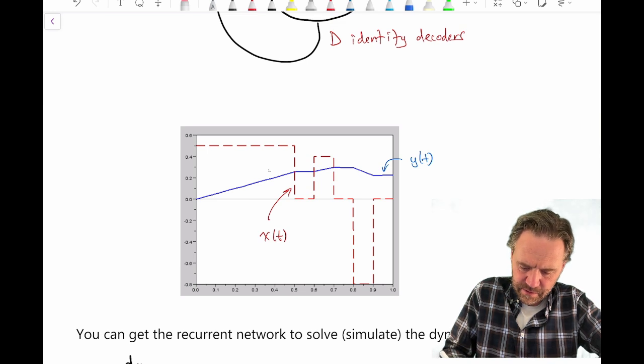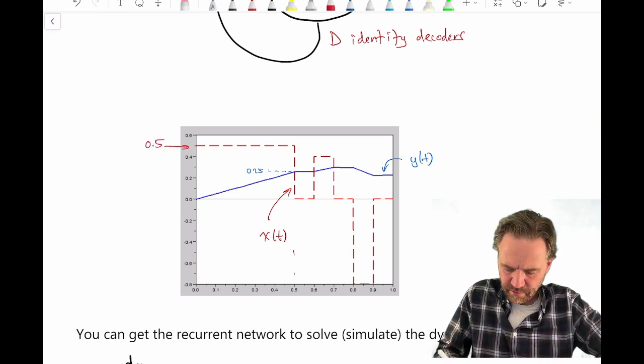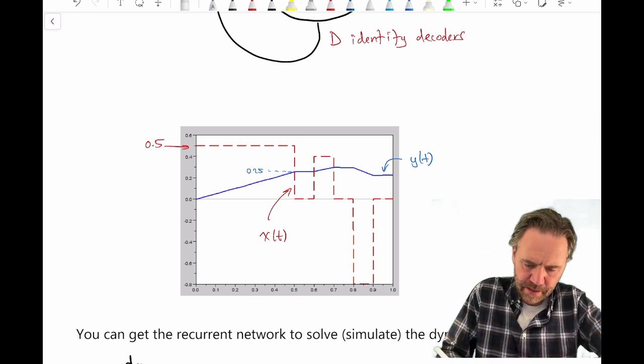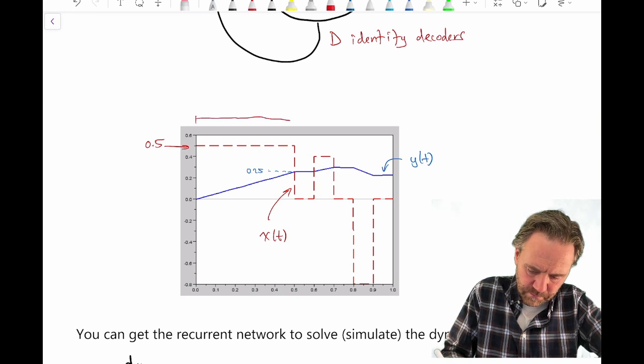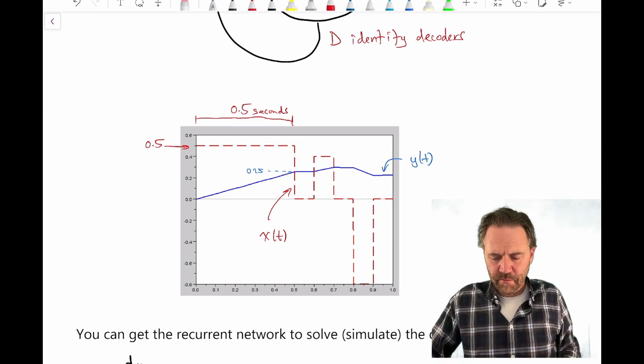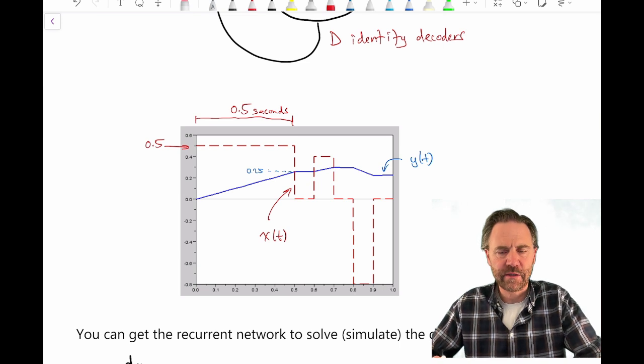Here we're at 0.25. Why? Because we were integrating 0.5 for half a second. I guess I can write this up here. Okay, so that blue line is, in fact, integrating that red dotted line.